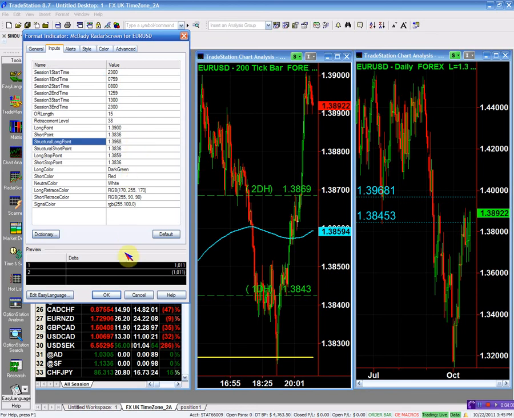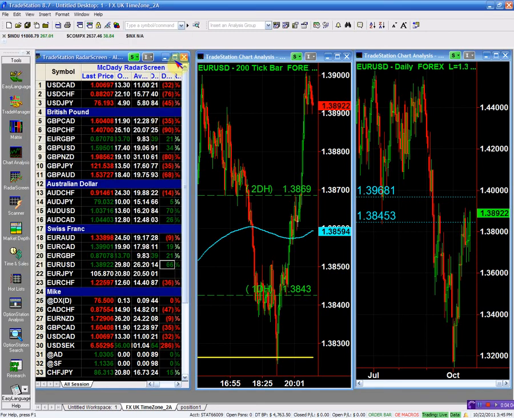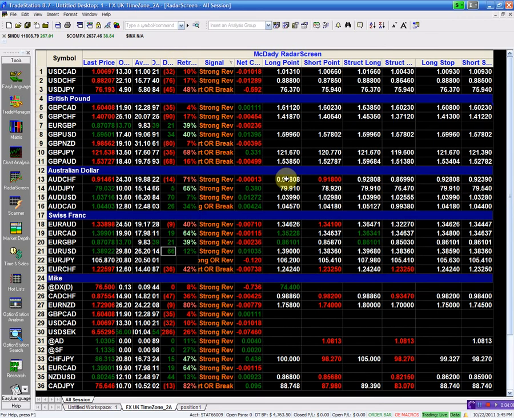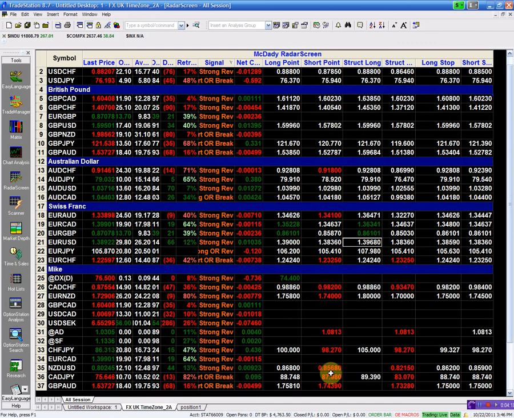All right. So for the euro dollar, we want to make sure that it takes out the high, which is the 139. And if it does, I have a structure long at 139.68, which is only 68 pips above that, which is good.